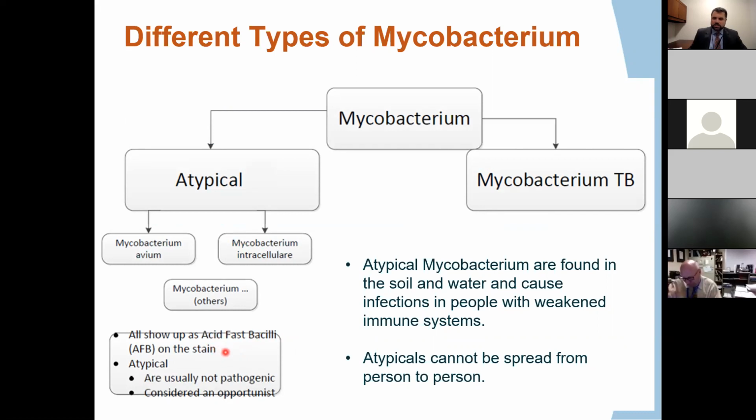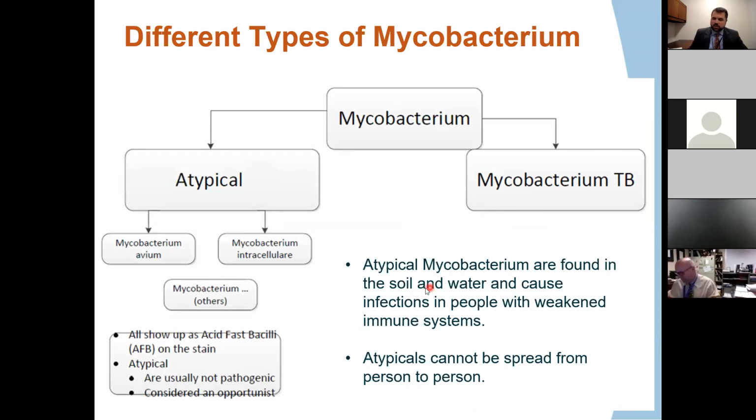In a patient that's high risk for TB, you would consider it to be TB and keep them in isolation. You want to make sure you isolate them early on if you're concerned about TB. But if it's a low-risk patient, you would wait for confirmation to make sure that it's an atypical Mycobacterium.